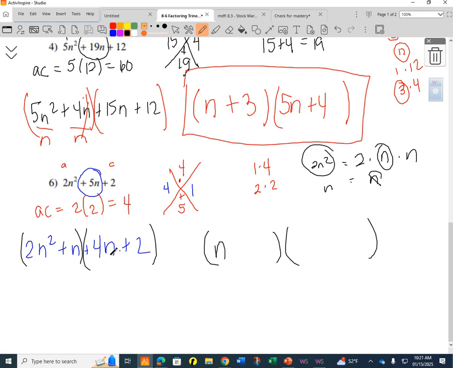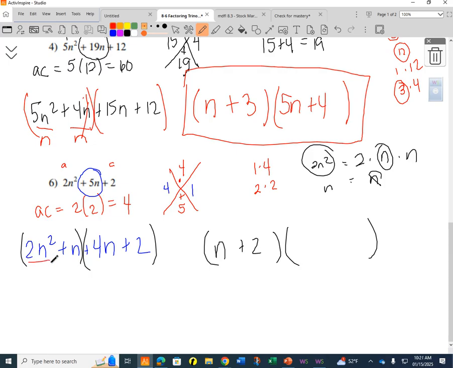What's the greatest common factor of this group, Brooklyn? Very good, 2. And so it's positive 2 because that's positive. Now how am I going to find the next factor? Stephen, can you help me? What am I dividing? By what?